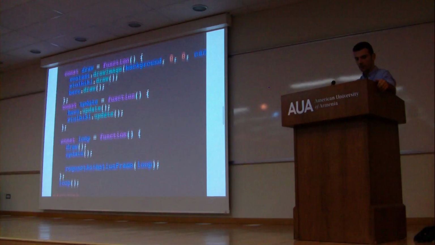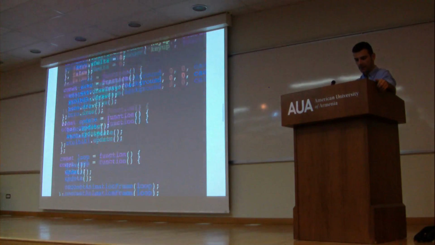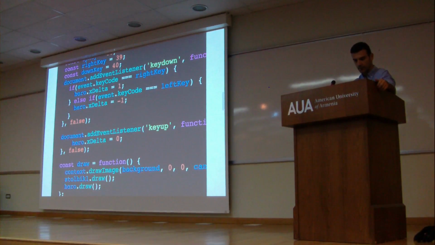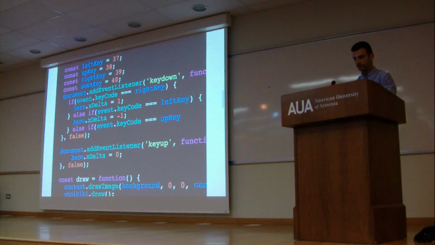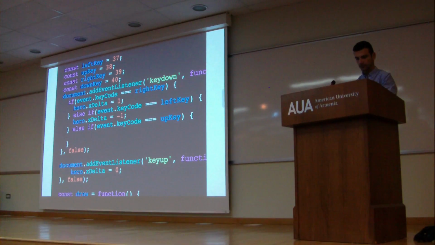Okay. Fair point. So we go to that event handler, and we say else if event.keyCode is equal to upkey, hero.y delta equals what?